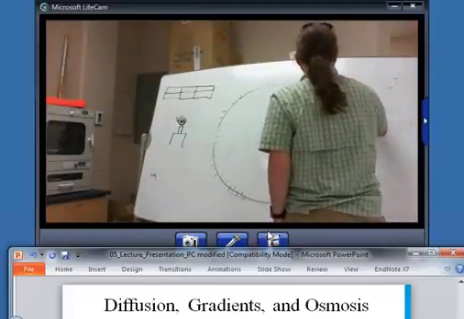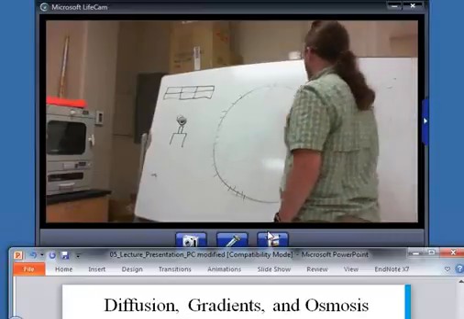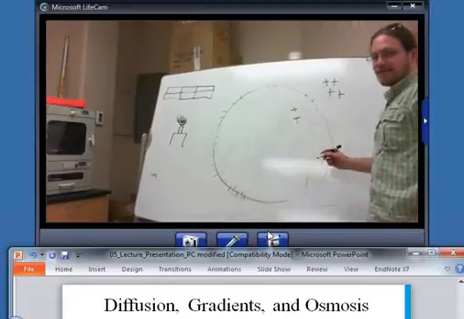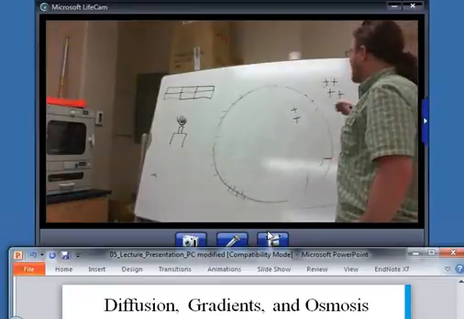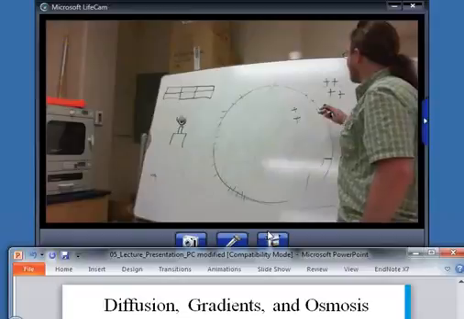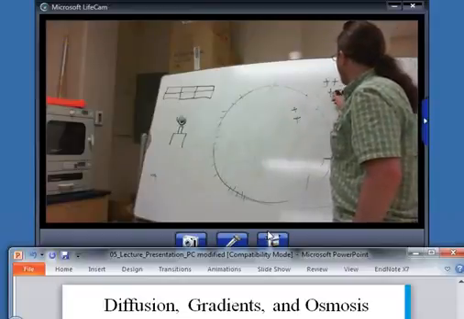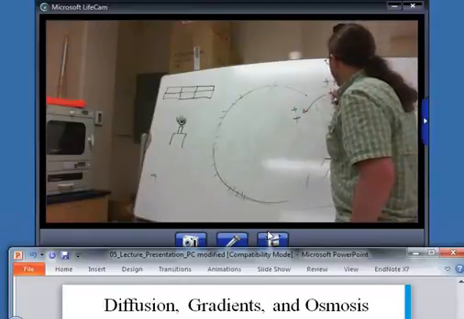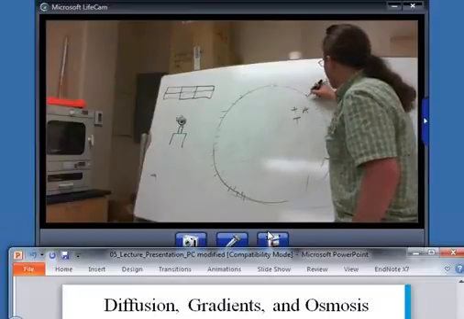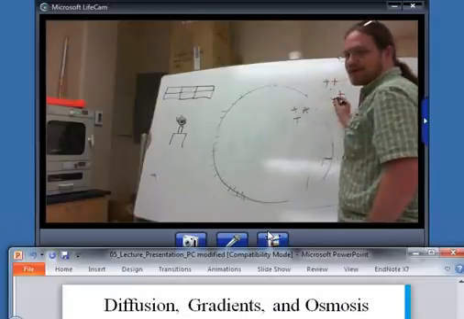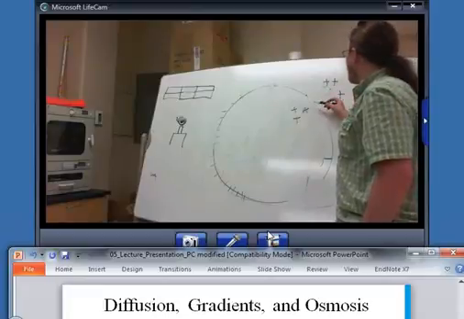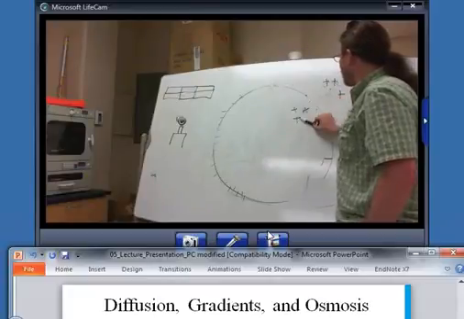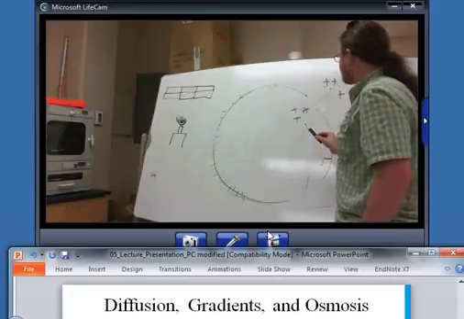There is salt outside the cell, and there's very little salt inside the cell. What's going to happen is this salt wants to spread out as evenly as it can, just like that dye did. And so the salt will move into the cell such that there's an equal concentration on both sides of the membrane. That's great for when we want to move things from an area of higher concentration to lower concentration until they equal out.